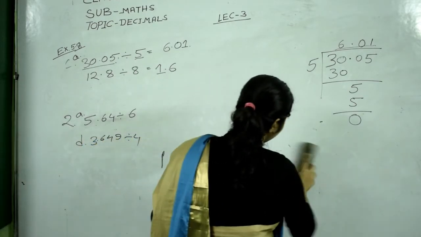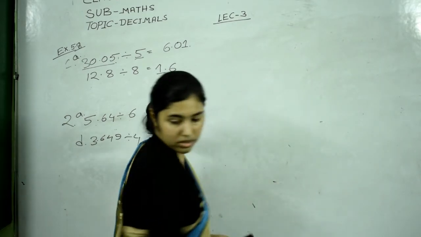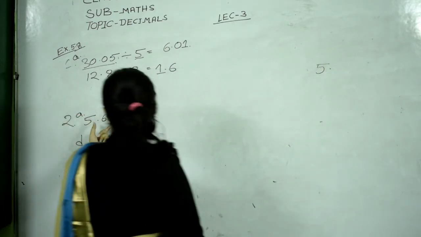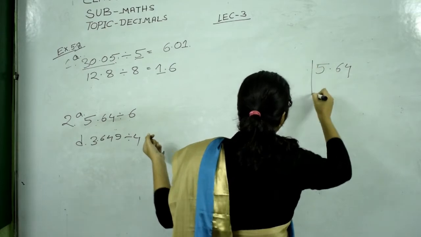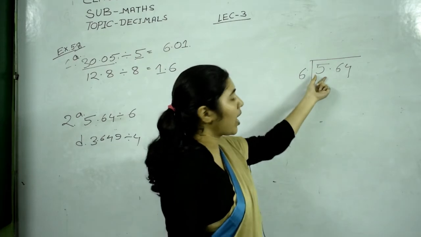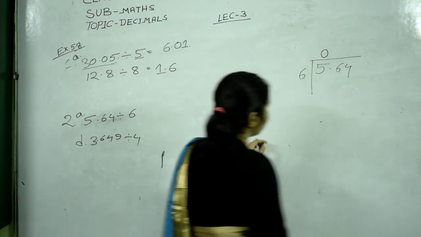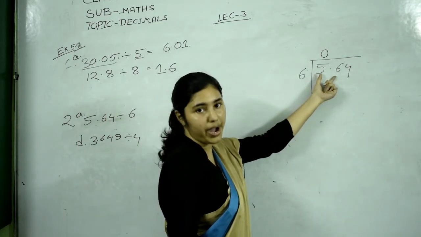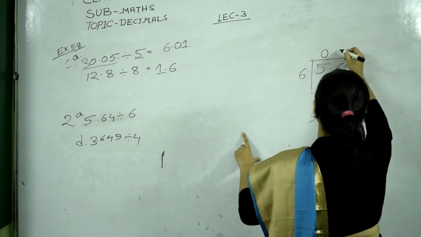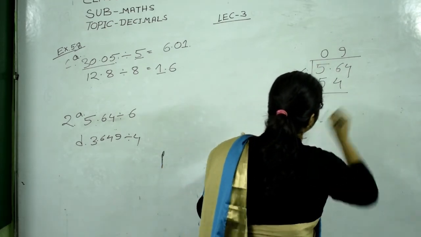Now consider this problem. Here our dividend is 5.64, right? And our divisor is 6. Now 5 is not divisible by 6, right? So take 1 zero here and consider 56. Now 6 9s are 54, right?